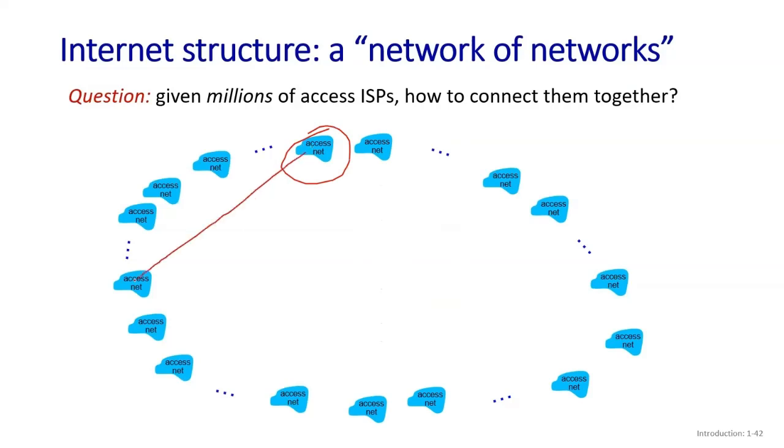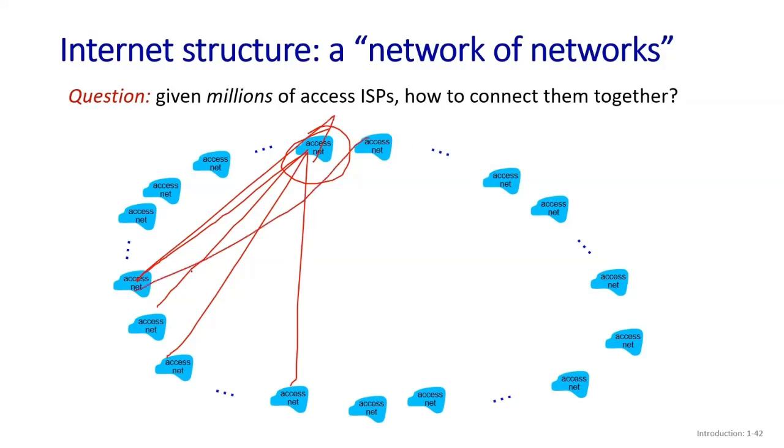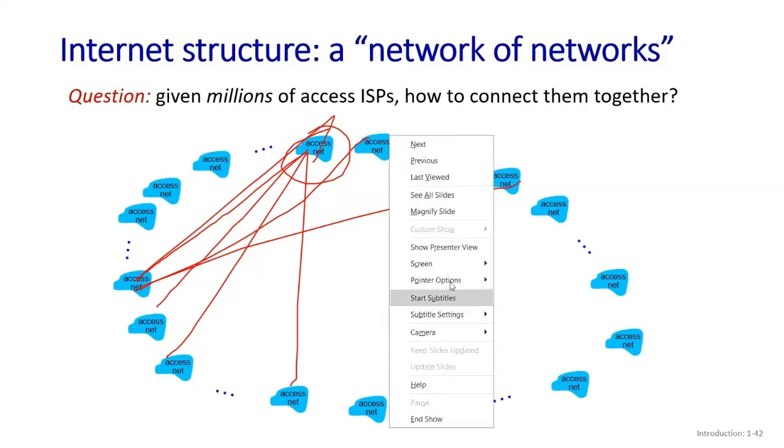It's connected to this one as well, and to this one, and this one is connected to this access network over here. So one simple approach is to connect each of these access networks together.